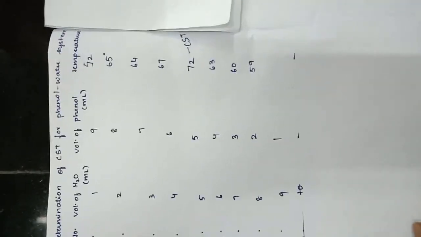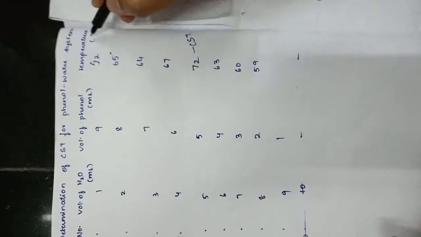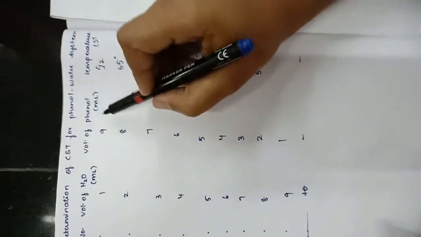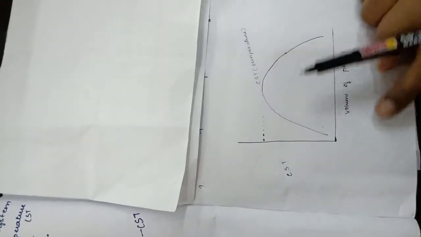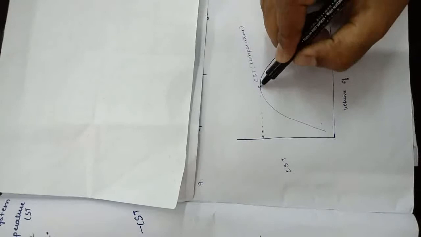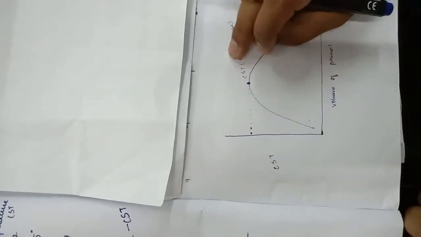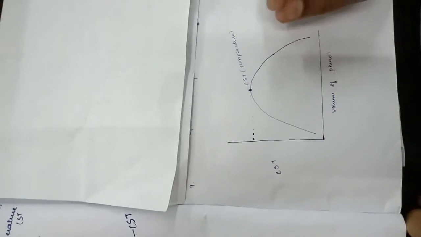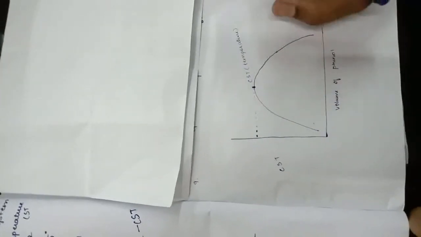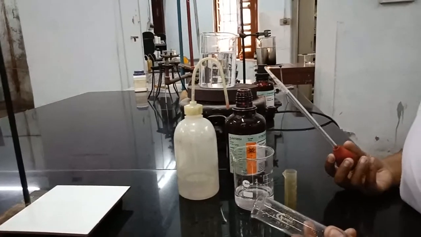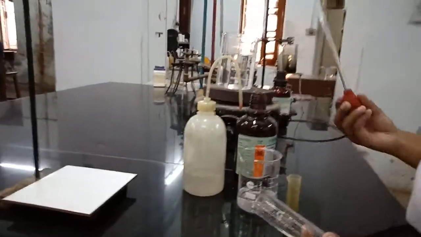When we plot a graph of CST against volume of phenol, we get a parabolic graph, and the highest point is the critical solution temperature. Above this temperature, all the compositions of water and phenol are completely miscible.